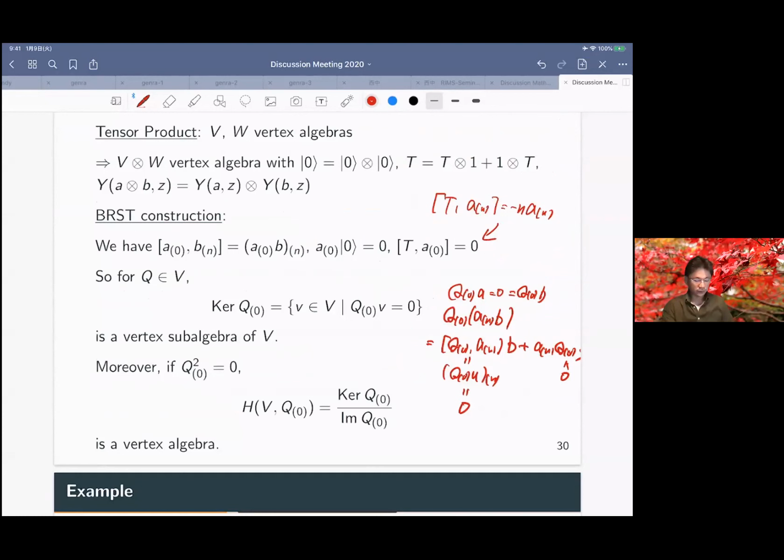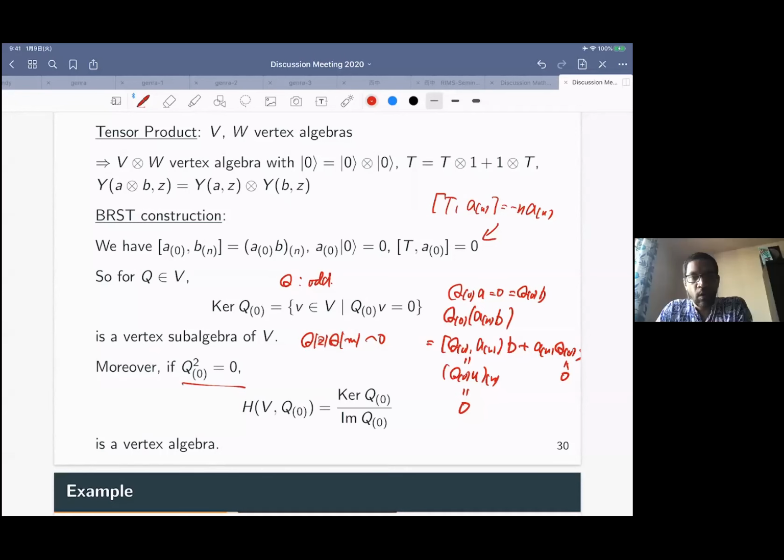For any operator Q which is odd and satisfies this OPE, this condition is satisfied. When you say odd, what do you mean? Odd means it's a super vertex algebra. Ah, okay. So in just the plain vertex algebra case, you wouldn't be able to construct such examples.